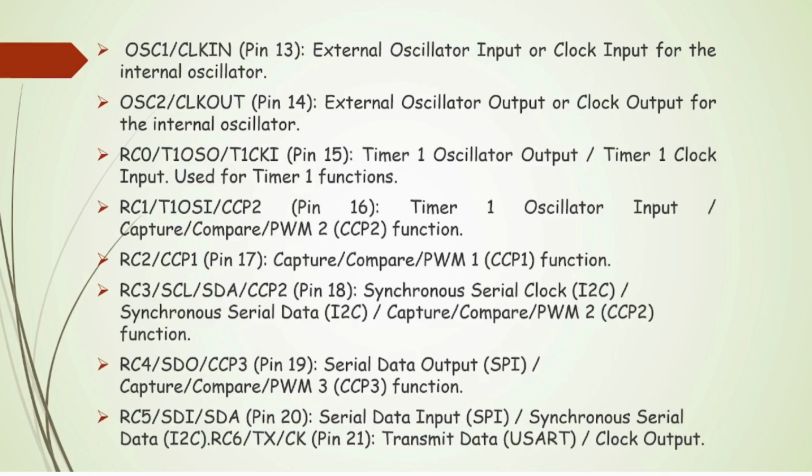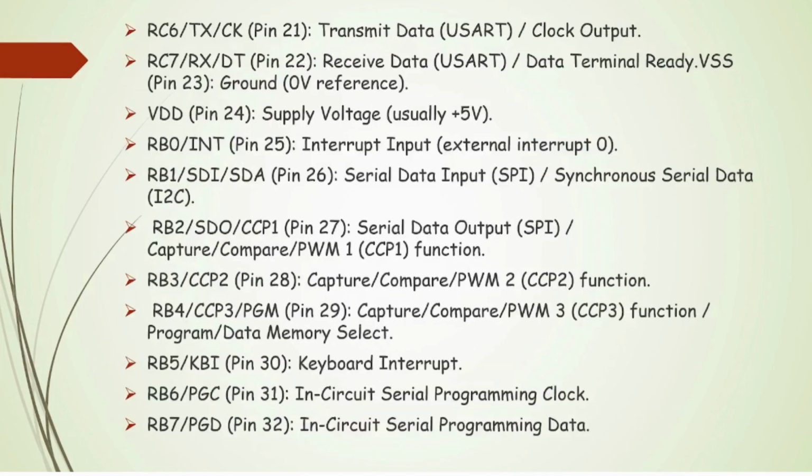Pin 13 is an external oscillator input or a clock, which is used for oscillating input. Pin 14 is the external oscillator output. Pin 15 is the timer 1 oscillator, where all these pins have separate functions, such as SPI and USART for transmitting data, etc.